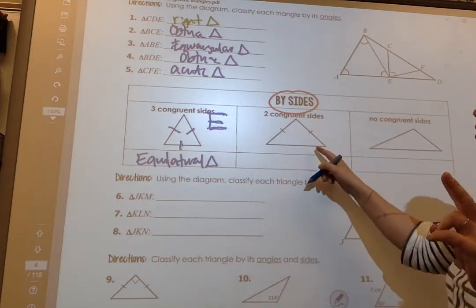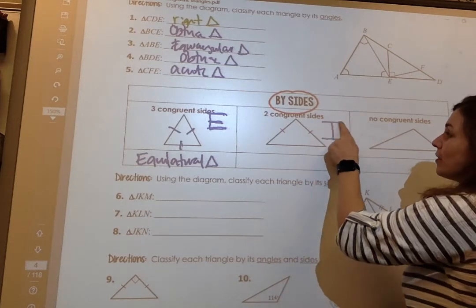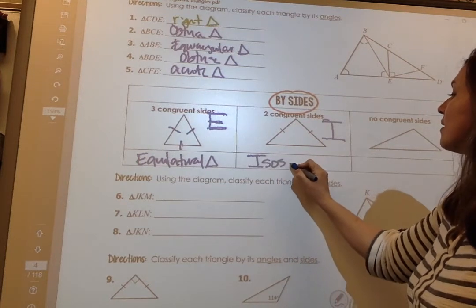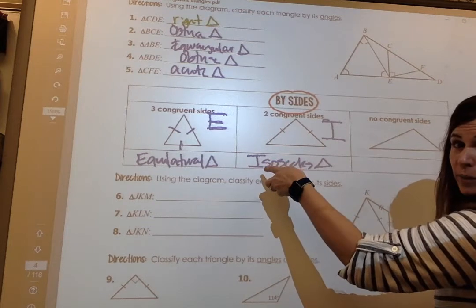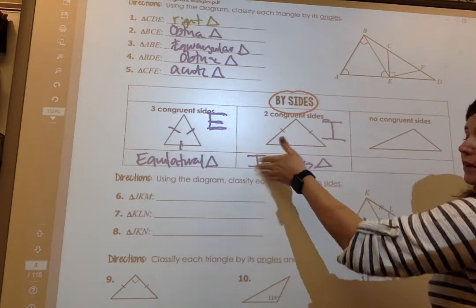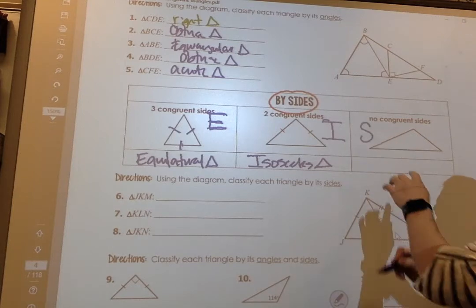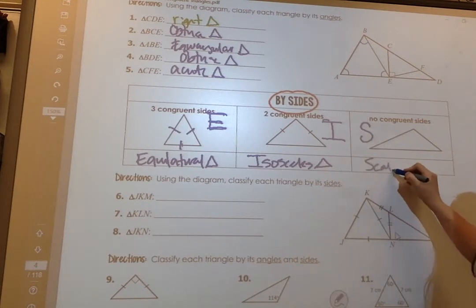When you have 2 congruent sides, the letter I has 2 parallel lines. That is an isosceles triangle. So 2 parallel lines, 2 lines congruent, isosceles. When you have no congruent sides, the letter S has no parallel lines. That's a scalene triangle. Okay?